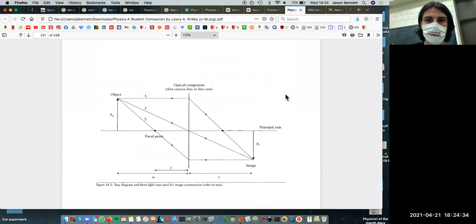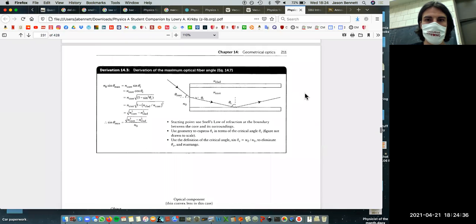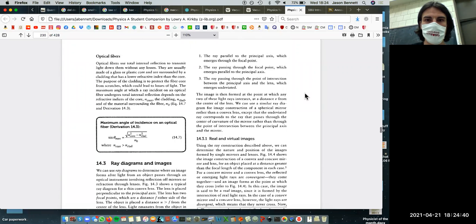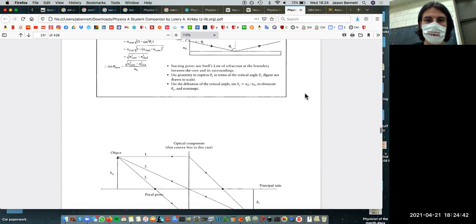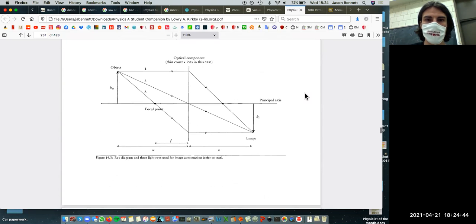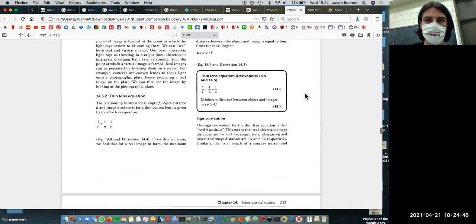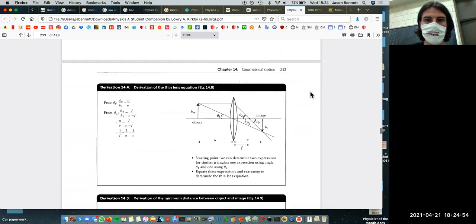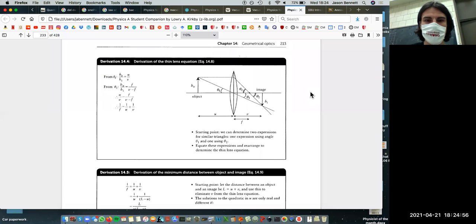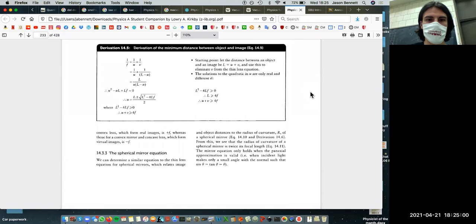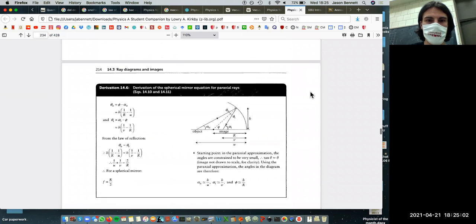Let me make it a little bigger so you can use this as a reference later, and then I'll get to my tips and tricks on the board. This is in particular one of the ones in the lab manual called the thin lens equation. This book was very helpful in college. I don't think we used this one.